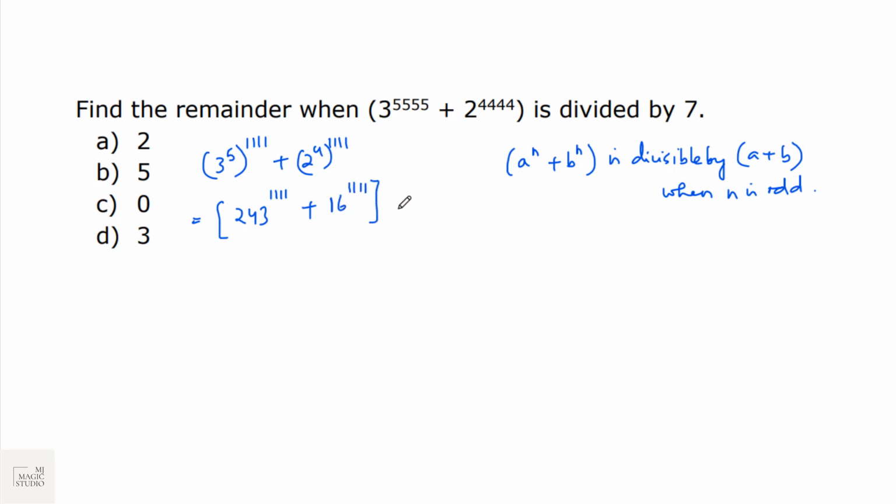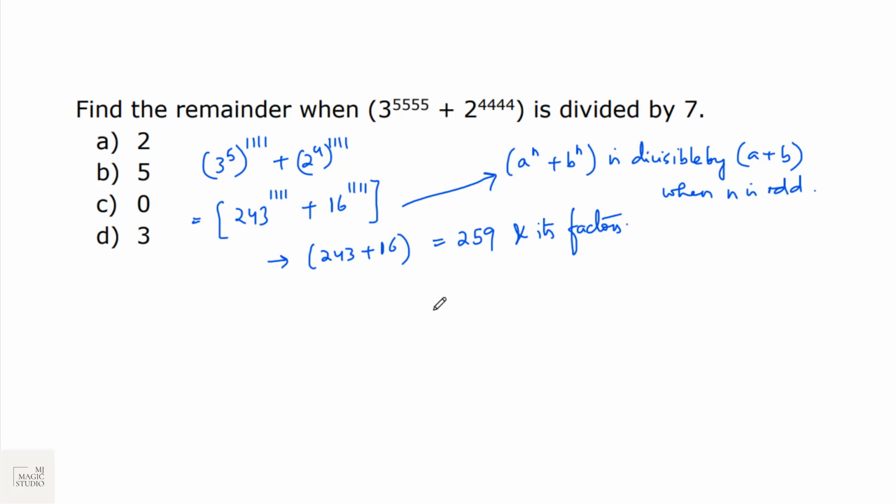Now we can see it fits this particular format where n is 1111, which is the same and odd. That means this expression is divisible by 243 plus 16, that is 259, and its factors.